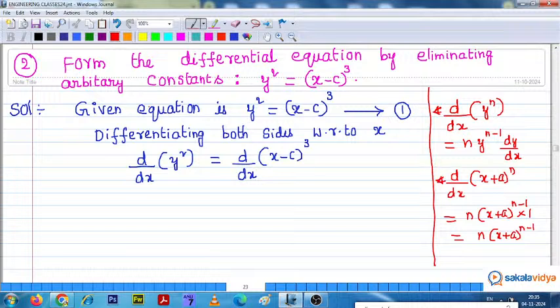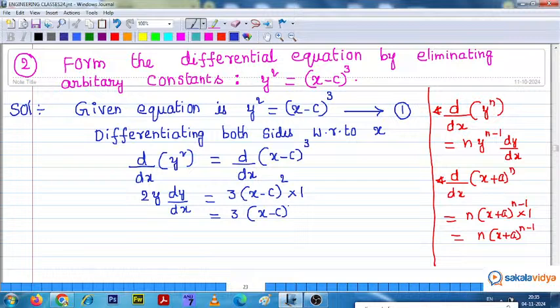So in order to find the differential equation in this case, let us proceed. d by dx of y square means 2y times the derivative of y with respect to x, dy by dx, is equal to 3 times x minus c whole to the power of 3 minus 1, that is 2, multiplied with the derivative of x minus c, which is 1, so we get 3 times x minus c whole square.